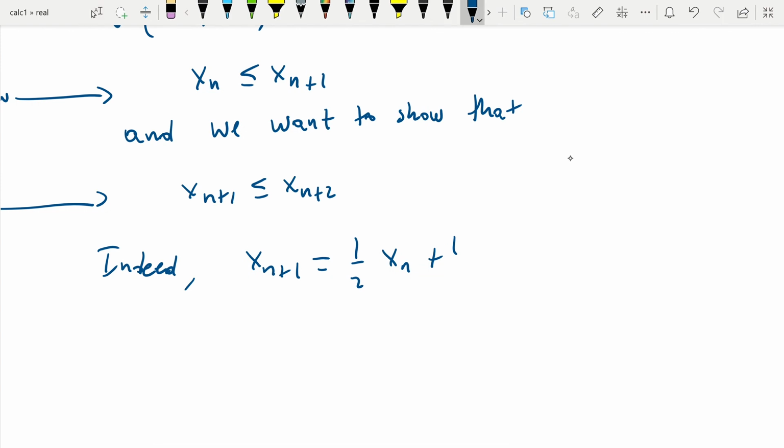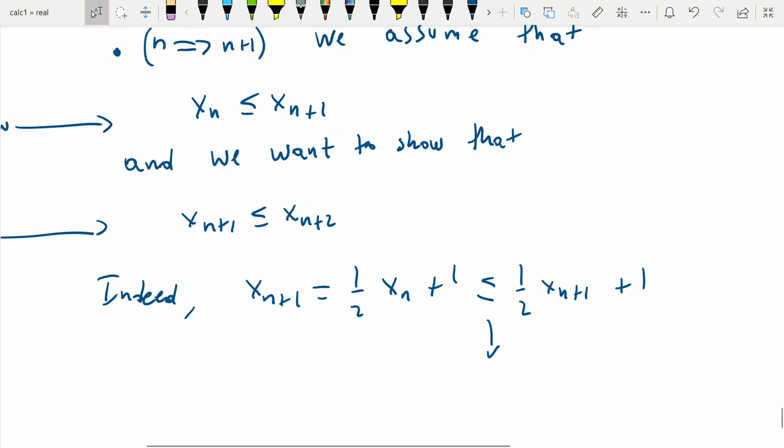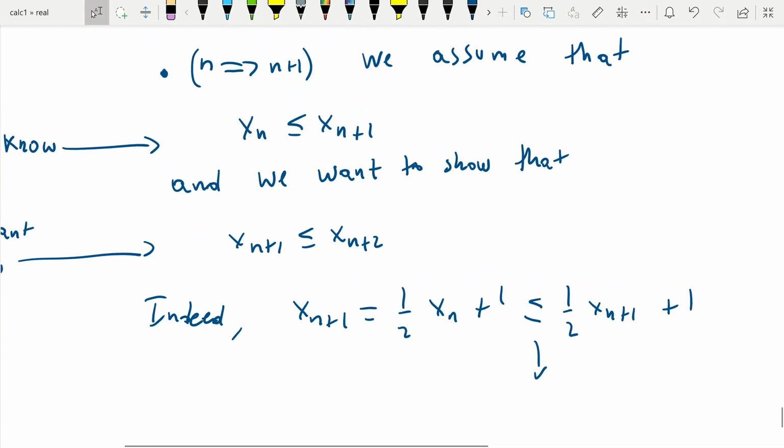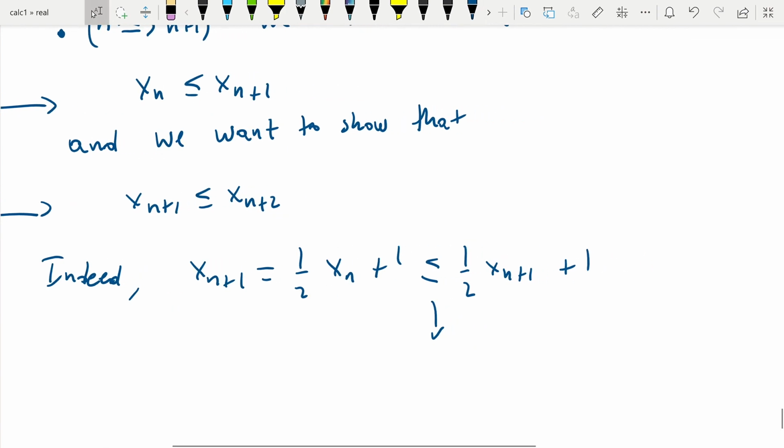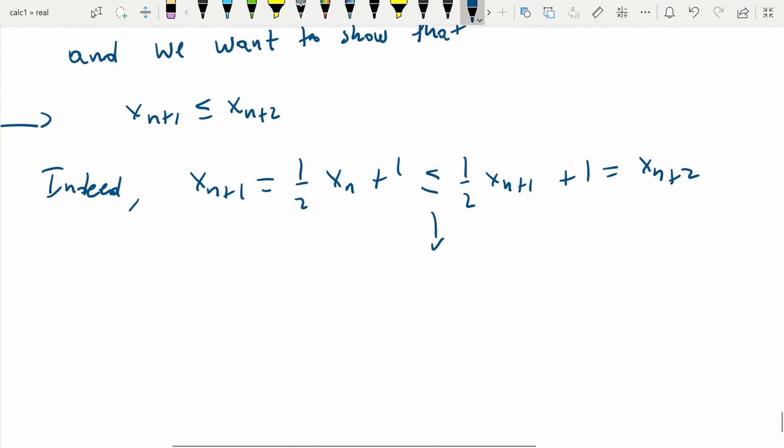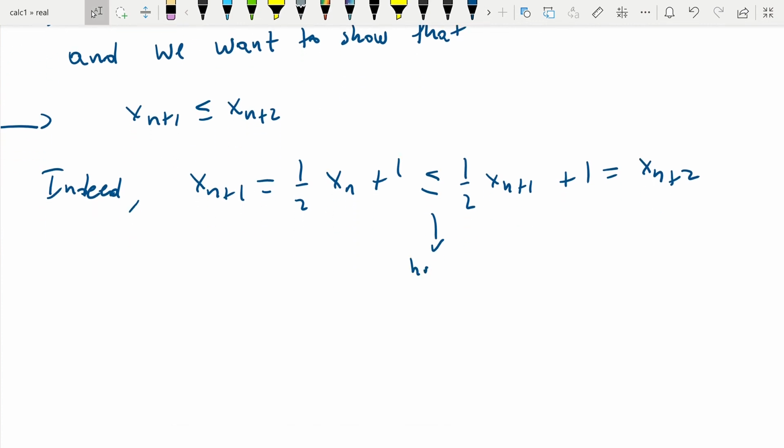And this, in turn, is less than or equal to 1/2 of x of n plus 1 plus 1 because of the induction hypothesis. And we're adding 1 on both sides, but this happens to be equal to x of n plus 2.